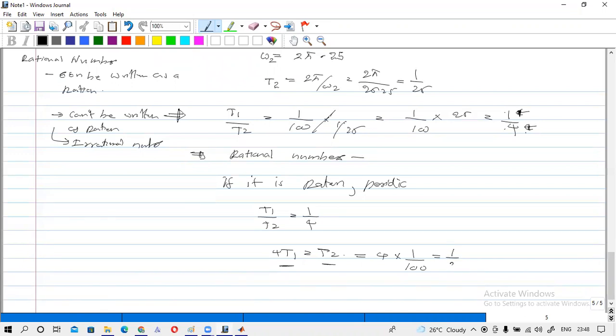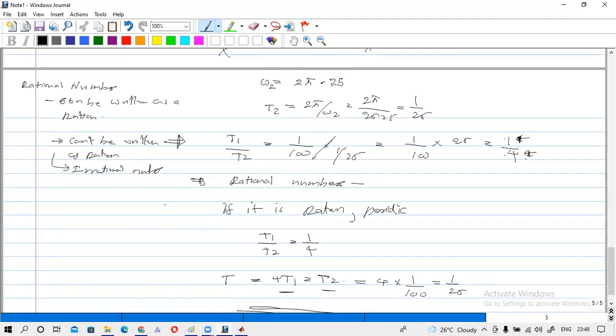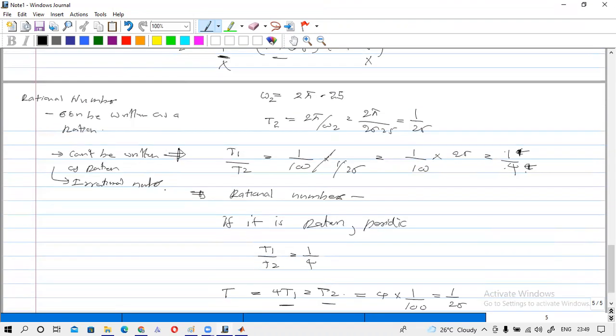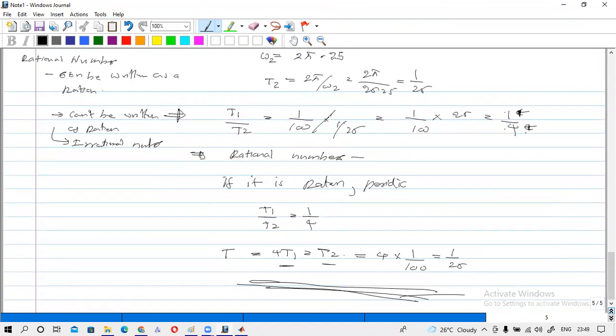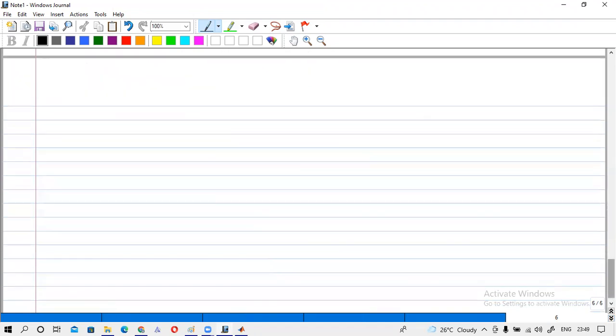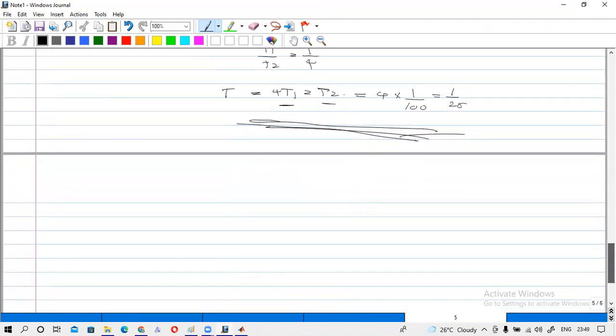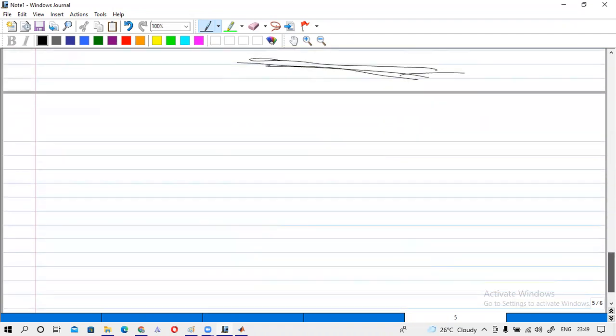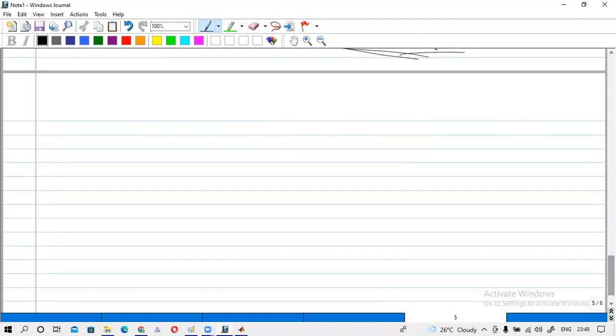So this is the T for the total signal, 1 by 25. So this is the way you have to find whether the composite signal is periodic or aperiodic.